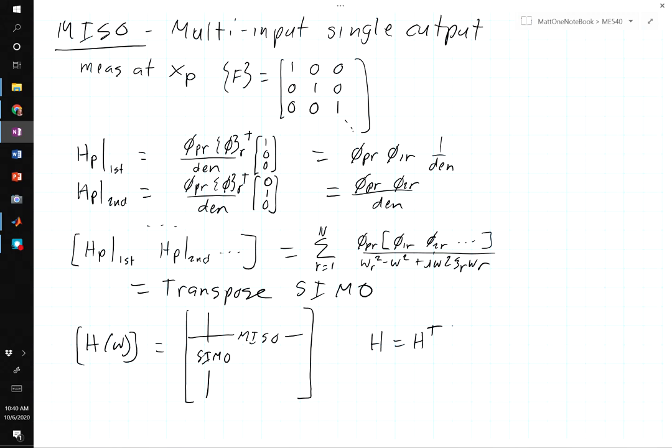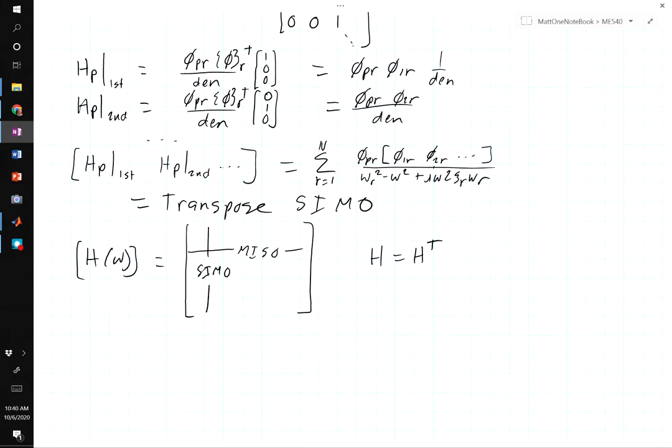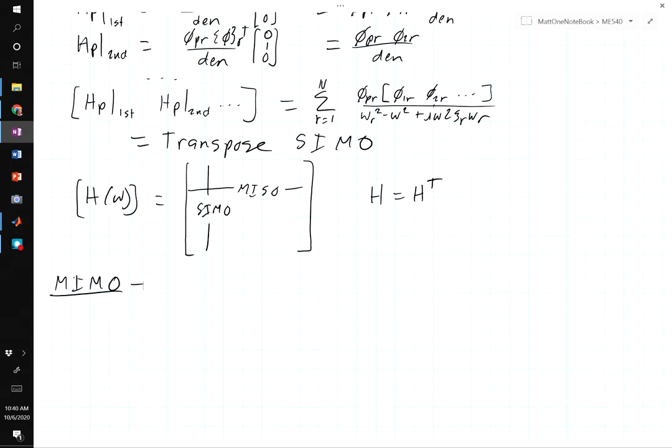So that leads us to the last type of test that we might do, which is the MIMO test, multi-input, multi-output. In this one, we're going to measure at all points, or all the points that are of interest, and we'll apply forces at multiple points.